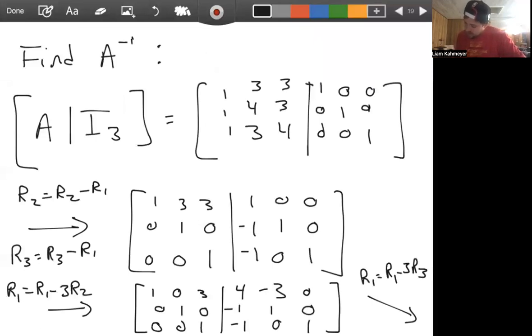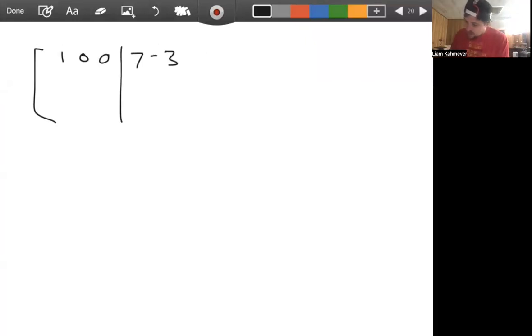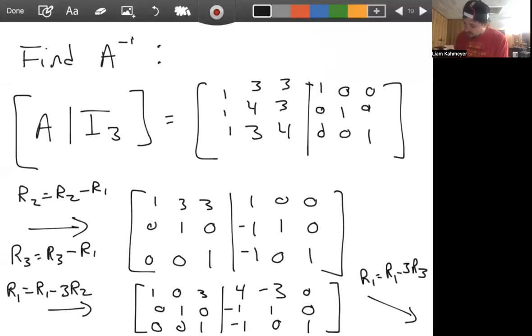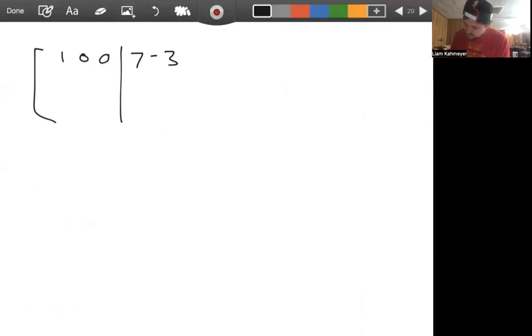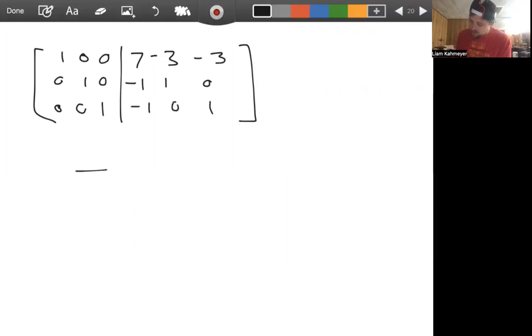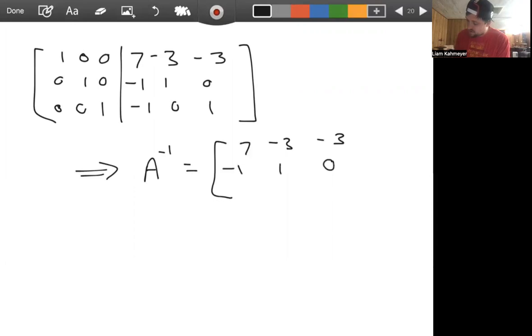And so we're going to have negative 3 plus 0, which is negative 3. And then for the last one, we're going to have 0 minus negative 3, so negative 3. There we go. And then 0, 1, 0, negative 1, 1, 0, and then 0, 0, 1, negative 1, 0, 1, which means A inverse is 7, negative 3, negative 3, negative 1, 1, 0, negative 1, 0, 1.